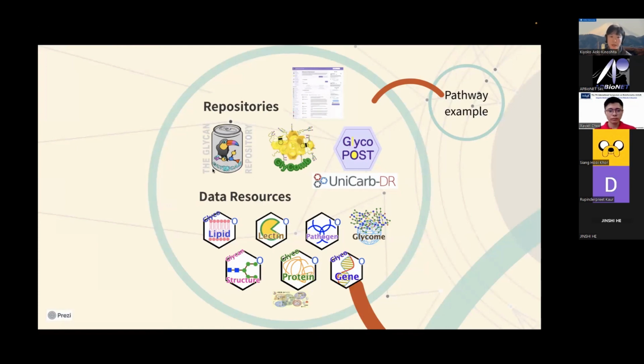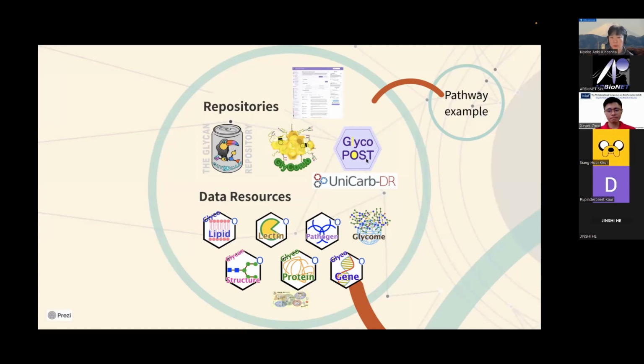So GlyCosmos has GlyTouCan, the repository for glycan structures. Now we have IDs, accession numbers, for every glycan. GlycoCoO is a new repository we've just published, or are in the process of publishing, for glycoconjugates. These will assign accession numbers to glycopeptides, glycoproteins, glycolipids, etc.